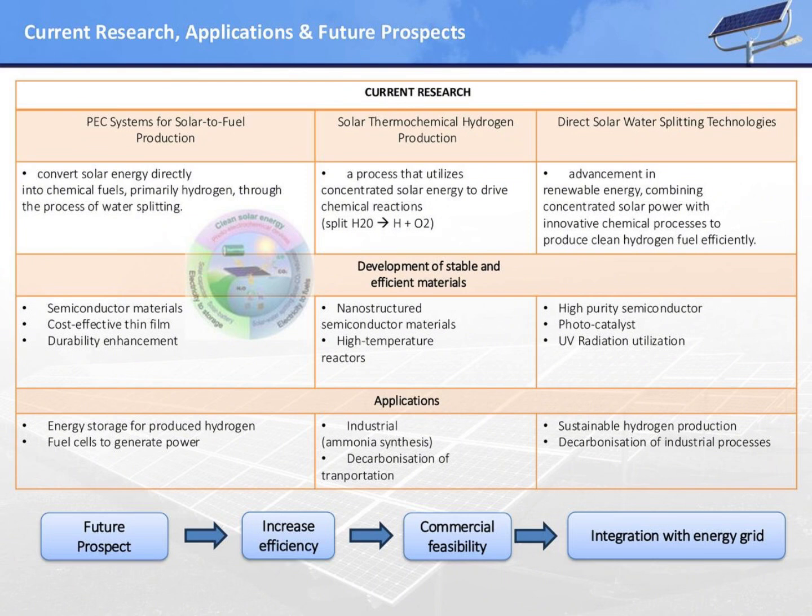It is a process that utilizes concentrated solar energy to drive chemical reactions, splitting water into hydrogen and oxygen. For the development of stable and efficient materials, we use nanostructured semiconductor materials, which are high purity semiconductor materials with ultra gentle coating methods to enhance reactor activity.